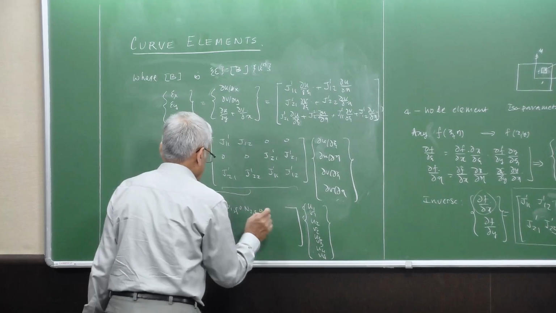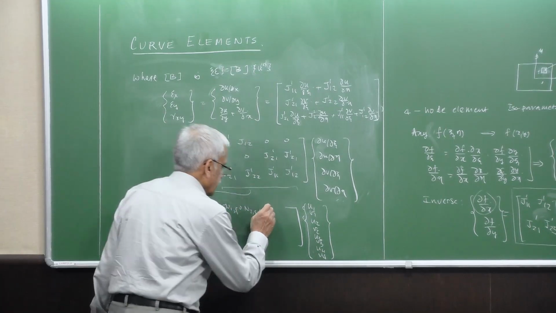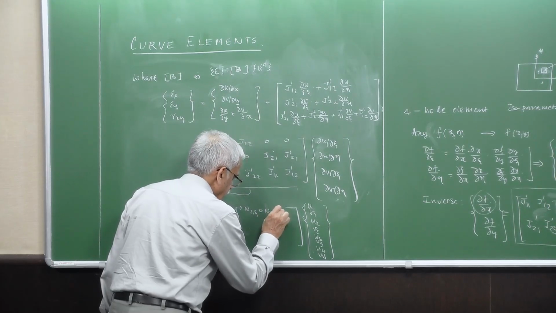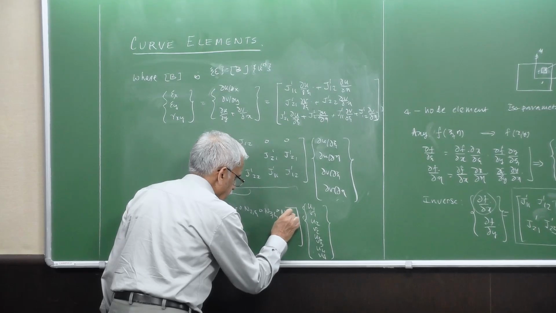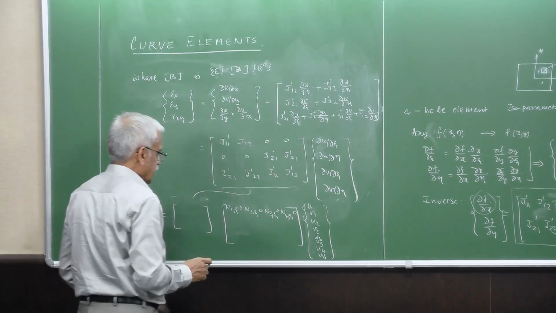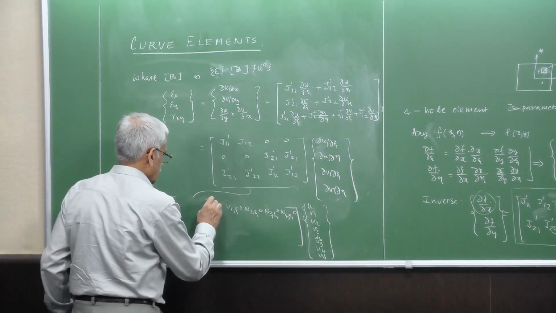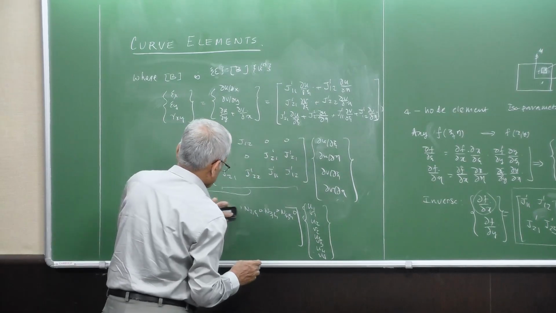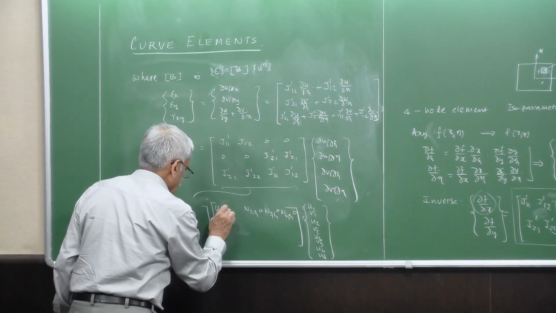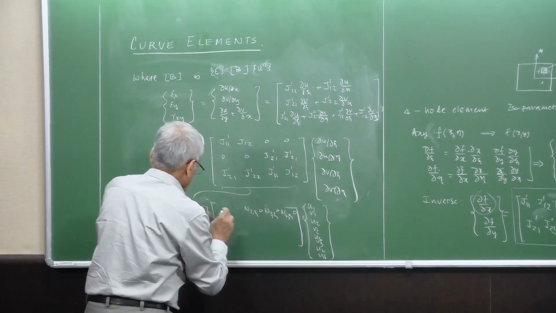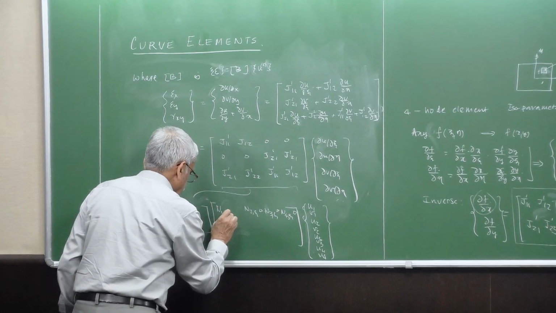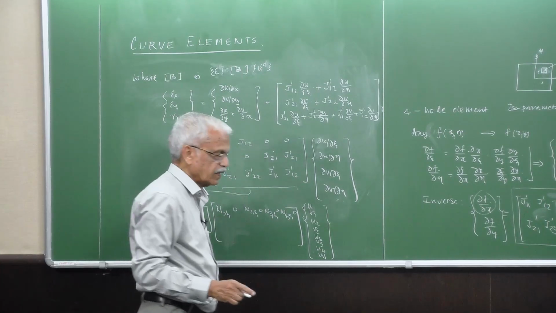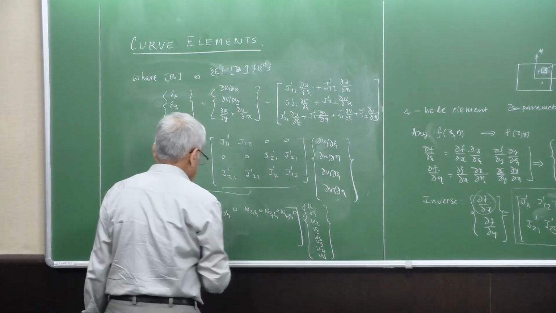So I wrote N1 comma xi, which essentially means the derivative of N1 with xi.